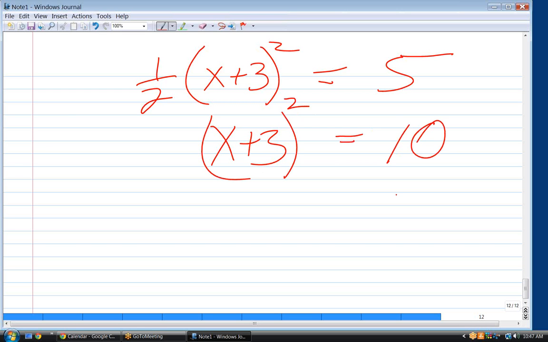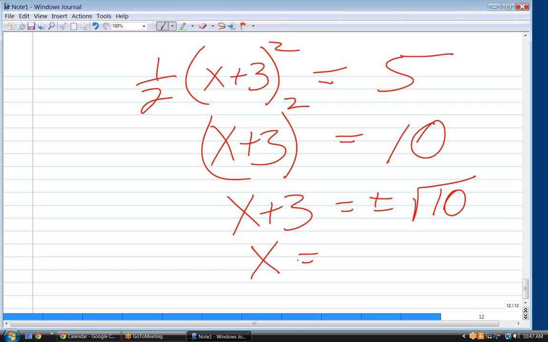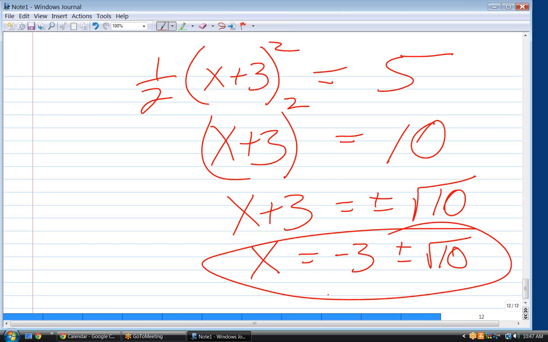Okay, what next? Square root of both sides. So x plus 3 equals plus or minus the square root of 10. X equals negative 3 plus or minus the square root of 10. Good, that's it.